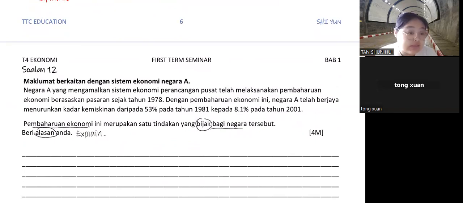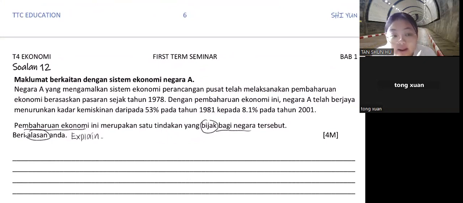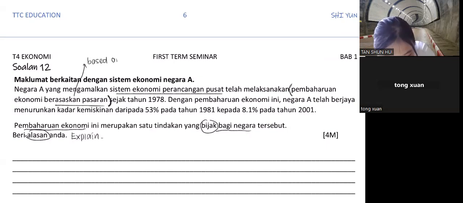Now, here, yeah, explain. So let's read the story first. They said, negara yang mengamal sistem ekonomi perancangan pusat. In the beginning, they are perancangan pusat. Telah melaksanakan pembaharuan ekonomi berasas pasaran. Now, berasas pasaran means what? Now, the new economy, they base on the market. Everything look at the market.